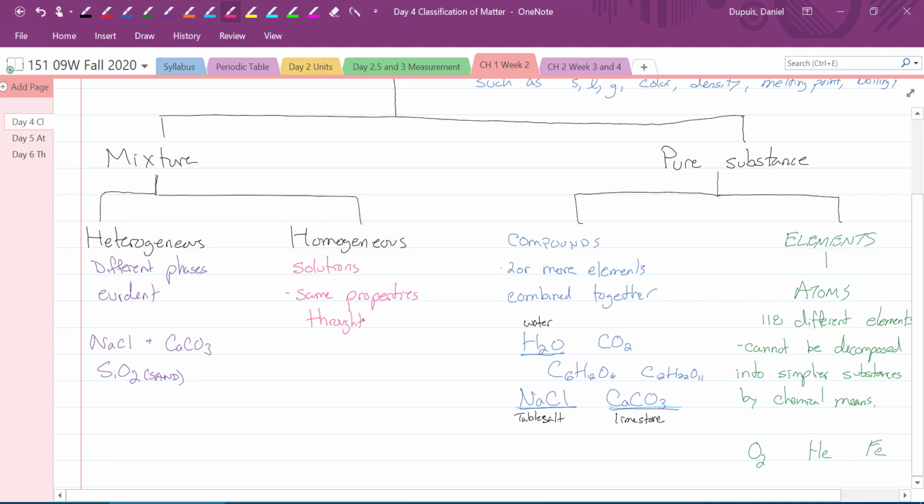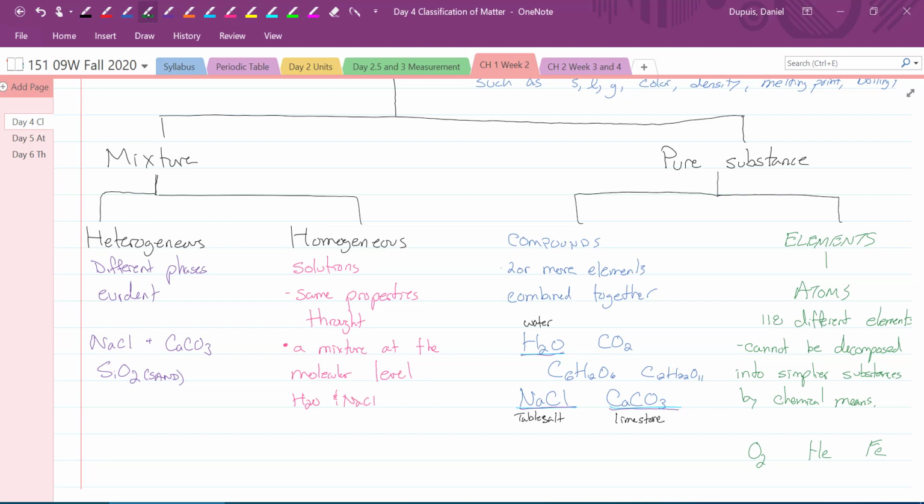It's a mixture at the molecular or particle level. This would be like H2O and NaCl, table salt and water. So that's the classification of matter. It can be either a mixture or a pure substance.